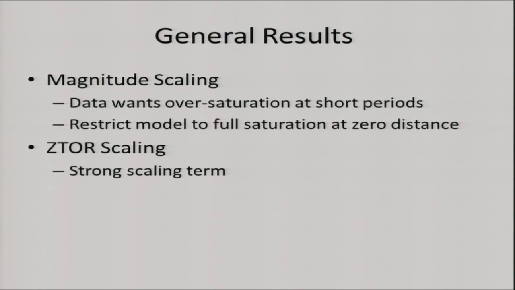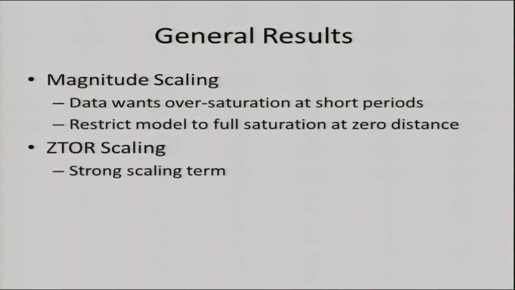So general results, magnitude scaling: the data want oversaturation at short periods. We saw this before. It really wants it. Okay, I still won't allow it to do that. So at some point, I think we're going to be driven there, but I want to see the numerical simulations also showing me in a consistent way this kind of saturation. So if you let the data do what it wants, the scaling peaks at around 6.3, 6.4, and then the ground motion goes back down again at short distances.